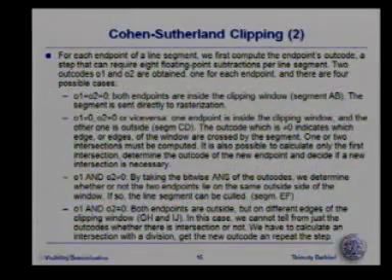What are these rules? If outcode 1 equals outcode 2 and they are both 0000, it means that both endpoints are inside the clipping window. The segment is sent directly to rasterization. You can't do clipping because all the segment is inside.